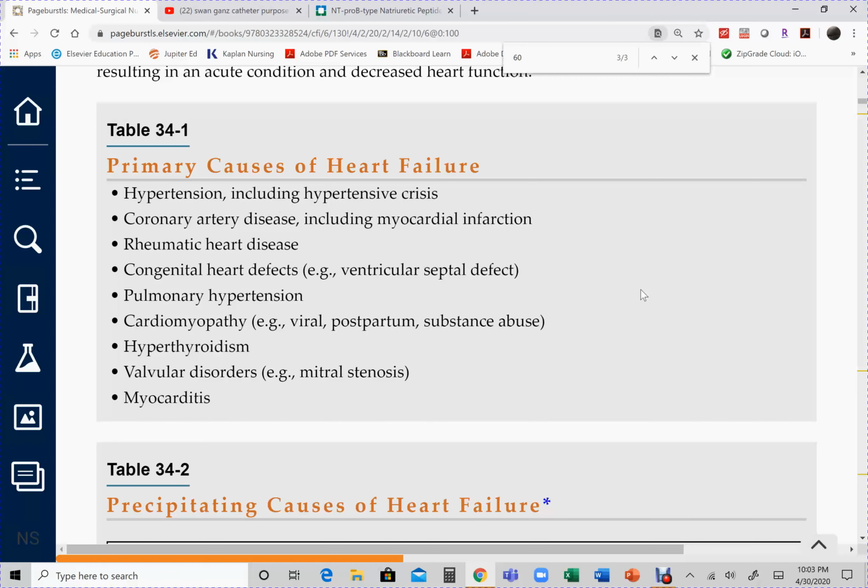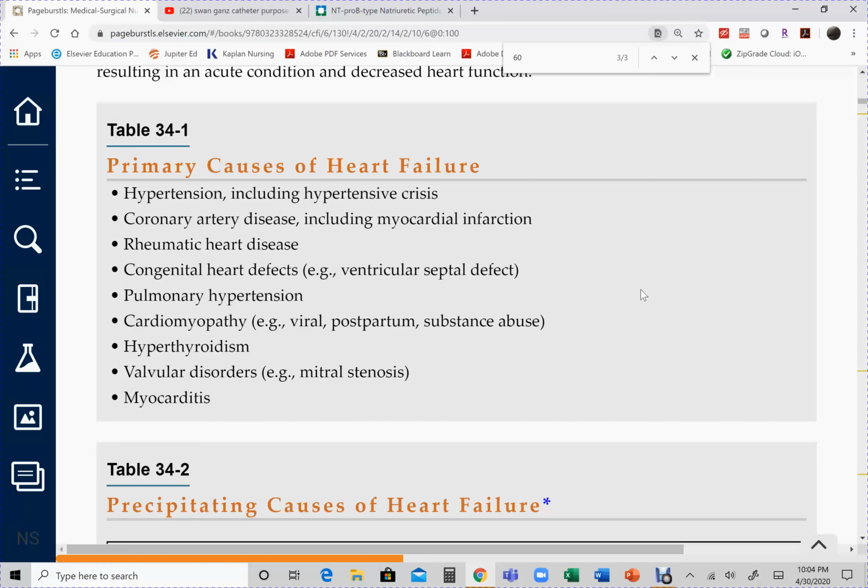Cardiomyopathy, that is chapter 36. Hyperthyroidism, that's an endocrine disorder. I'm sure you guys have discussed that one of the complications of hyperthyroidism is cardiac disease. In fact, it's actually both. Hypothyroidism can also lead to dysrhythmias and therefore can lead to heart failure as well.